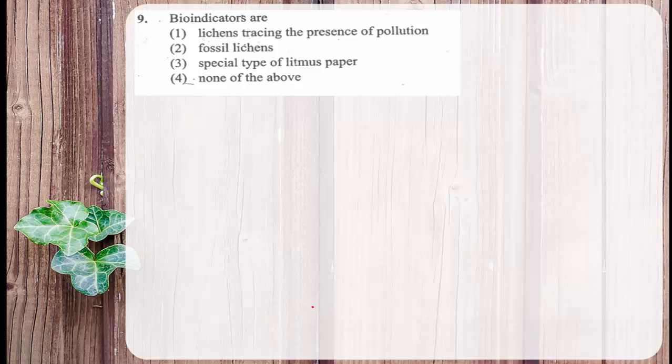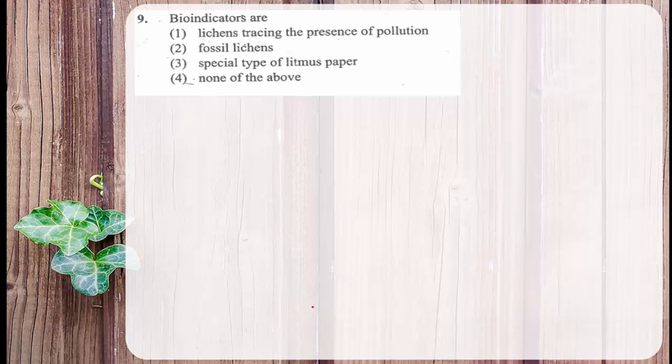Bioindicators are, mostly after listening to the question, I am sure you have the guess which one is the answer. Bioindicators are lichens tracing the presence of pollution, fossil lichens, special type of litmus paper, none of the above.